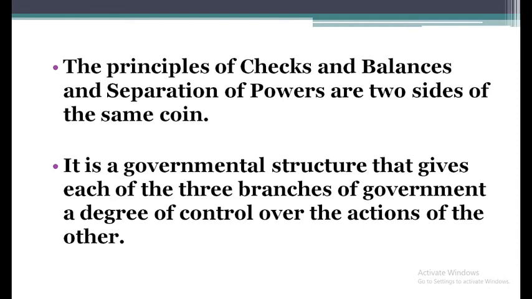However, the American Constitution did not have a very clean severance, or very clear separation of power. They are not separated into three watertight compartments. Rather, the three government branches are sometimes interdependent.